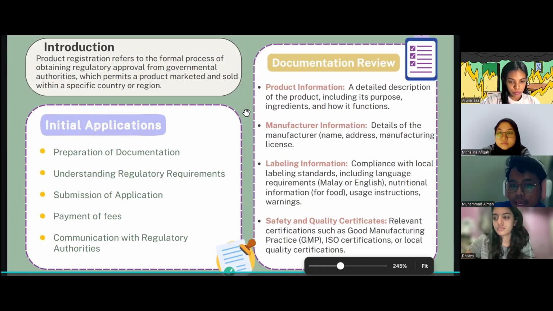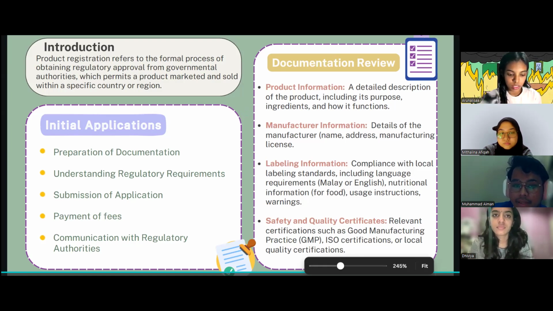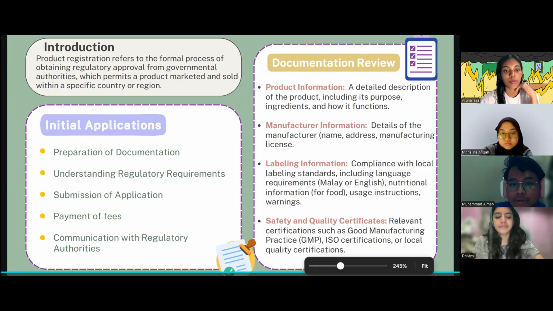Any payment applicable to the registration fees needs to be paid. For example, in the US, an annual registration user fee must be processed before initiating the establishment registration process with the FDA.